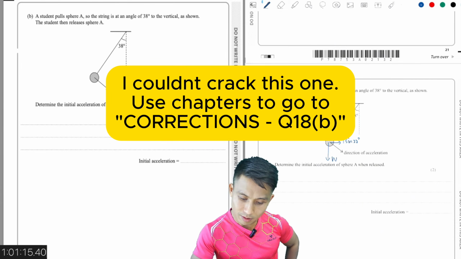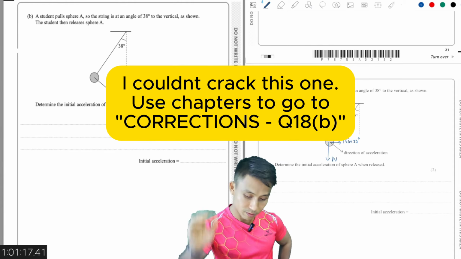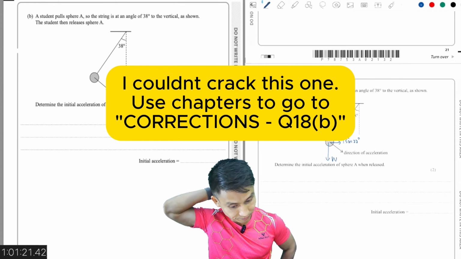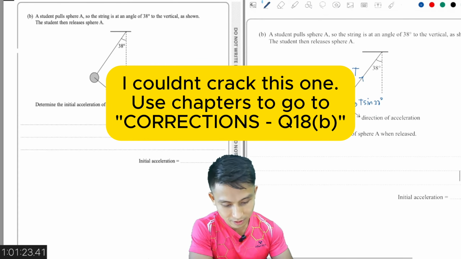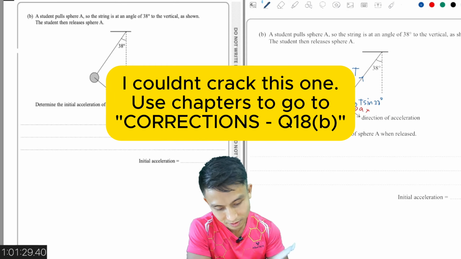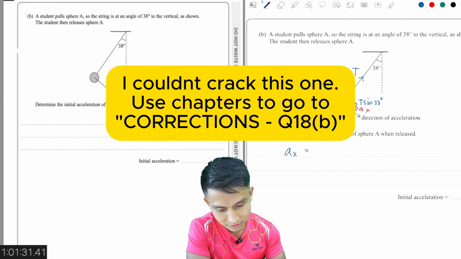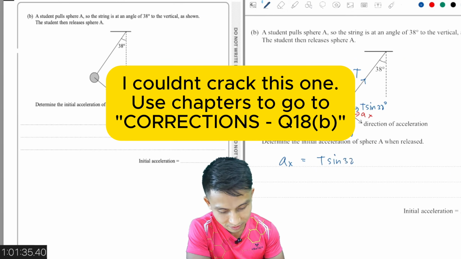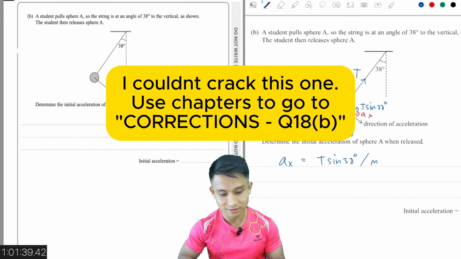I'm just going to do, why is this a little complicated? AX and AY. So AX is just T sine 38 over M, where M is the mass, right?